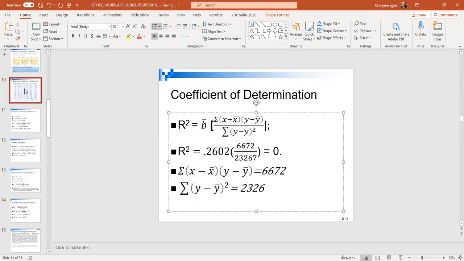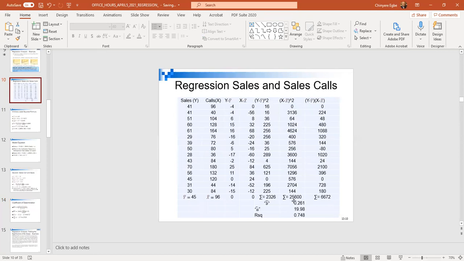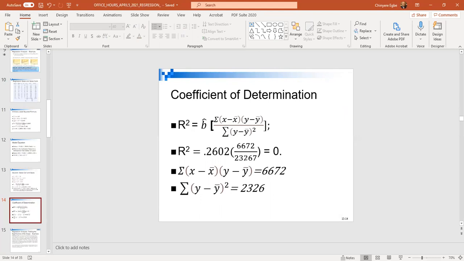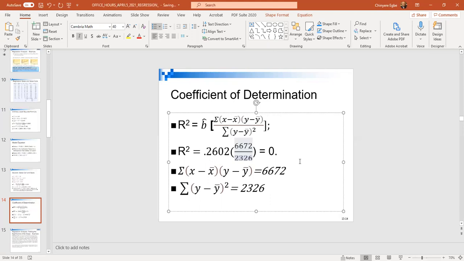Let's be sure that we have the correct number. Oh, y minus y bar squared is 2326, so we put in the wrong number here. 2326, not 23. So 2326 times 0.2606 gives 0.746 now. Yeah, 0.746.